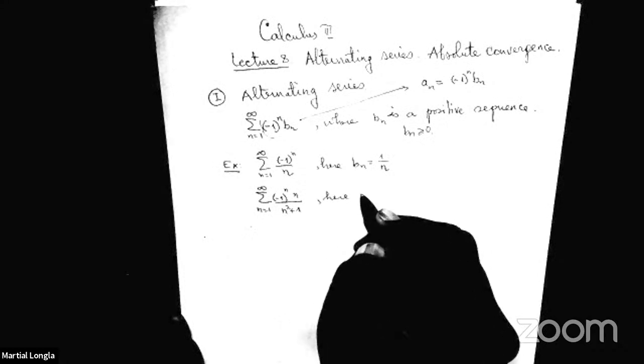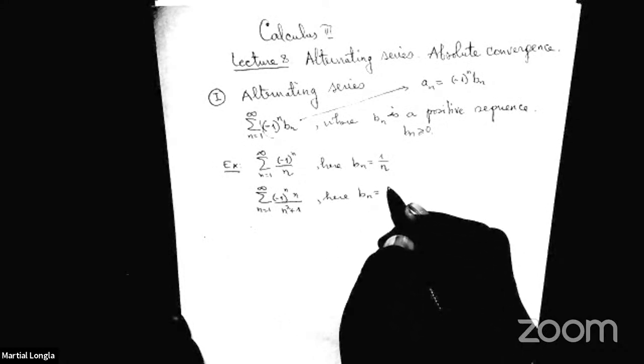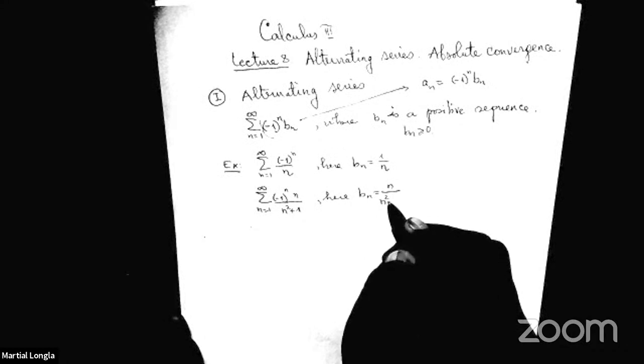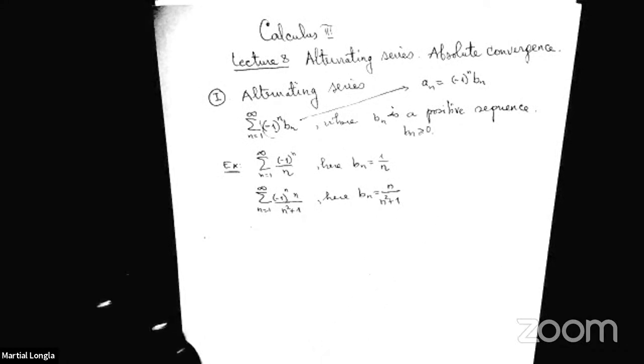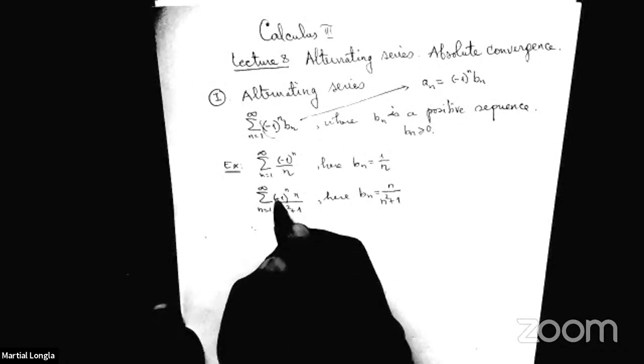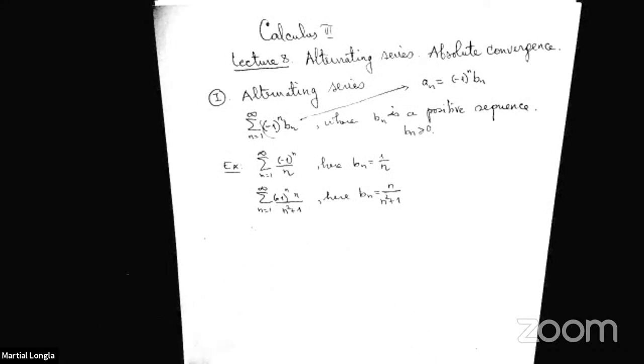Here, b_n is n over n squared plus 1. So you have that (-1)^n, and what you care about is the other part of it when you remove (-1)^n.